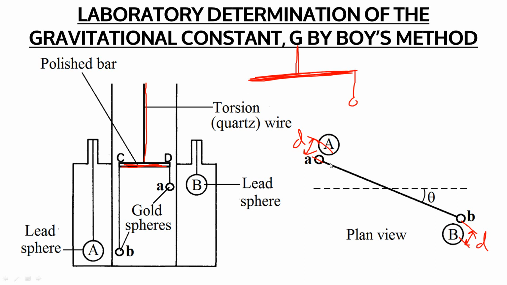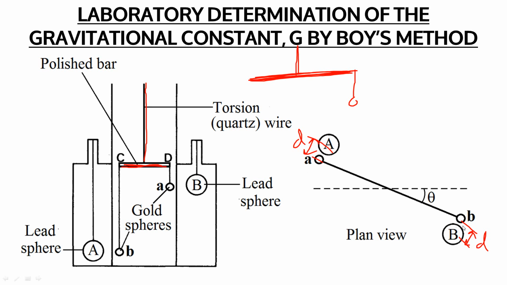You see, initially, this polished bar was in this position. It was horizontal. Not really horizontal, because this is the aerial view. You are seeing from above. You're putting your eye this way. So this is what you see. Now, this a was initially here, so it has been pulled this side, and even b was initially here, it has been pulled here.